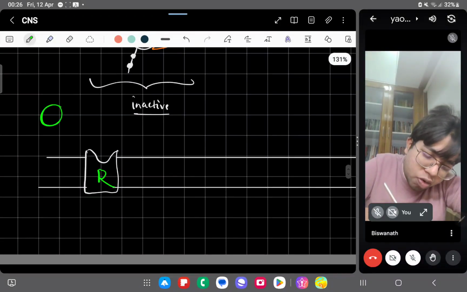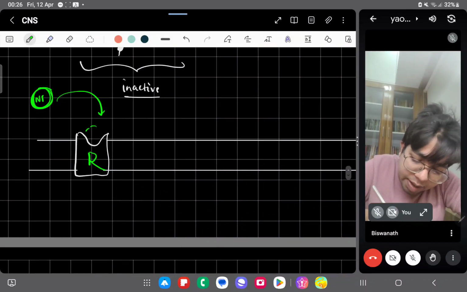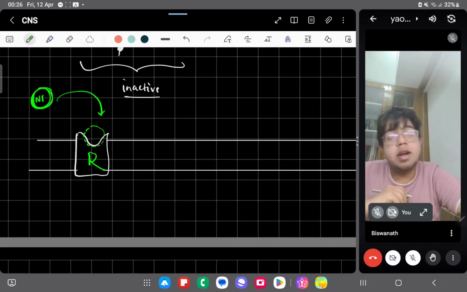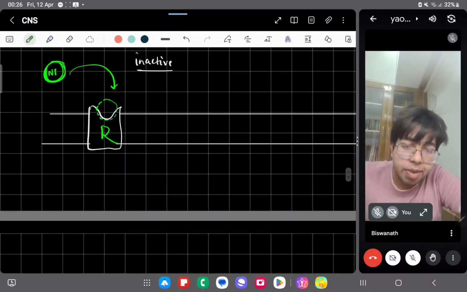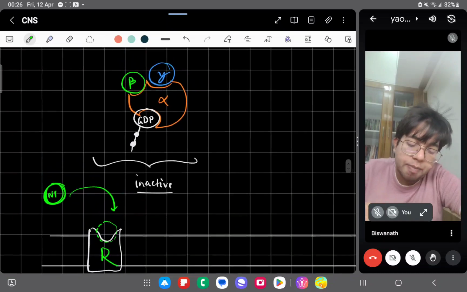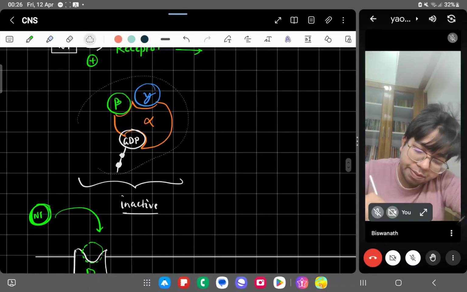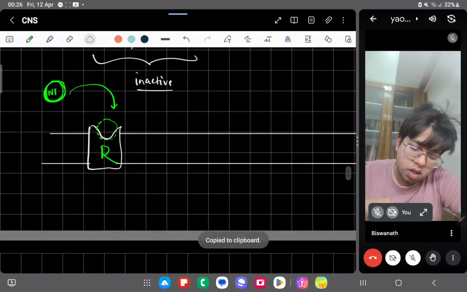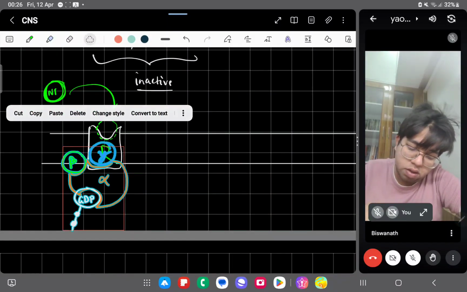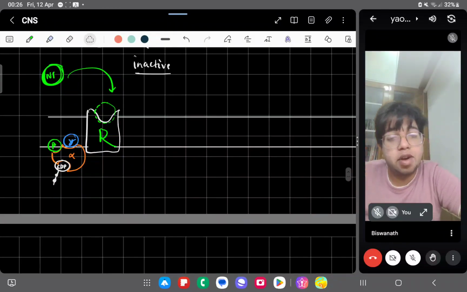So when the neurotransmitter, let's say this is the neurotransmitter, is getting bound to this part, this G protein complex will get bound to this whole part.